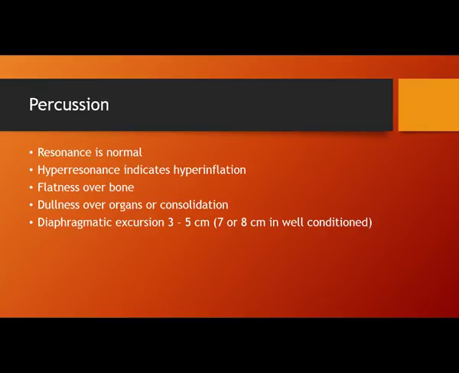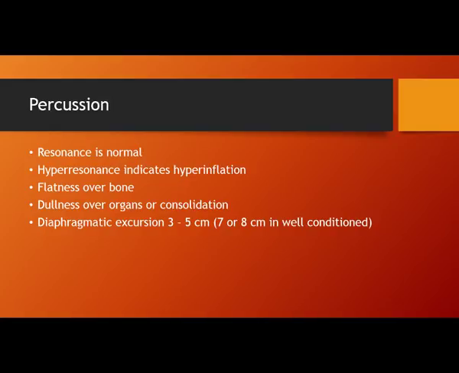So now for the diaphragm excursion, you'll have to percuss for where the tone changes from resonance to dullness, because when you get past the diaphragm, you're going to be over liver, and that's supposed to be dull. Before you practice it on a person, just practice going down and trying to hear that change from resonance to dullness. Do that a few times.